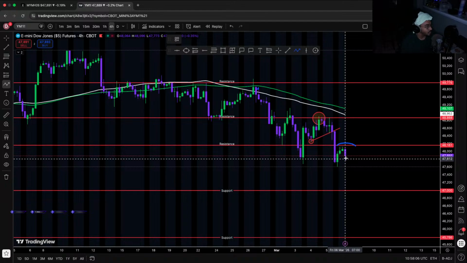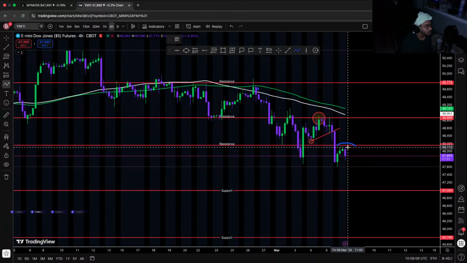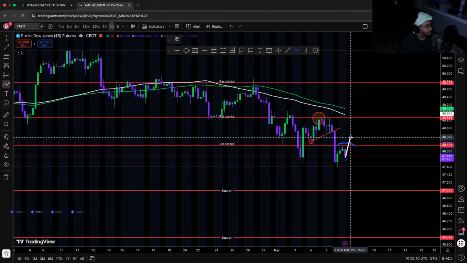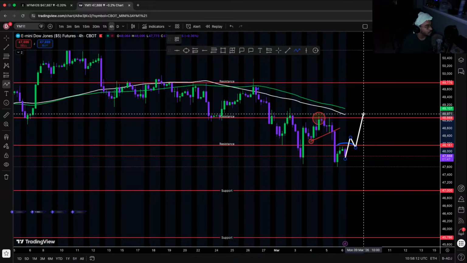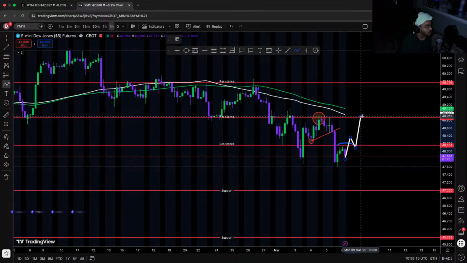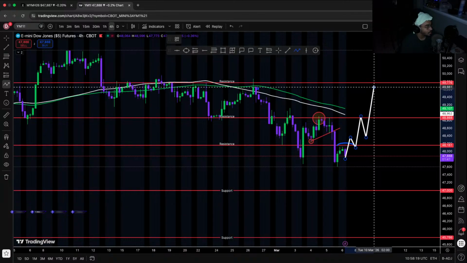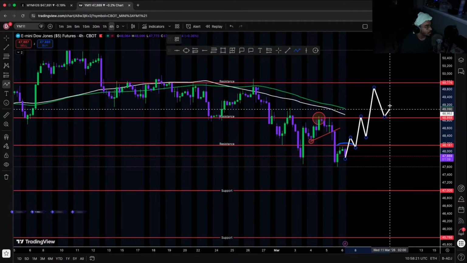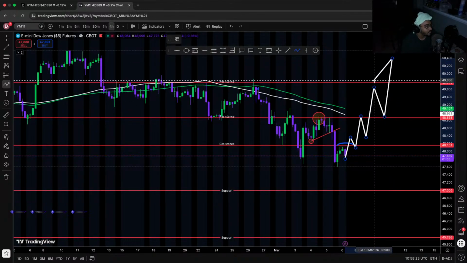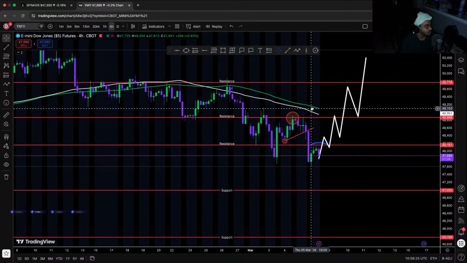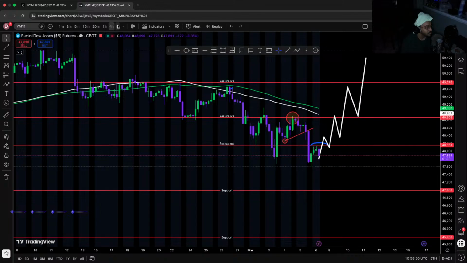This could be a higher low and we could start going up there. I'd have to look something like that. Is it possible? Yes. Do I see it happening? No.